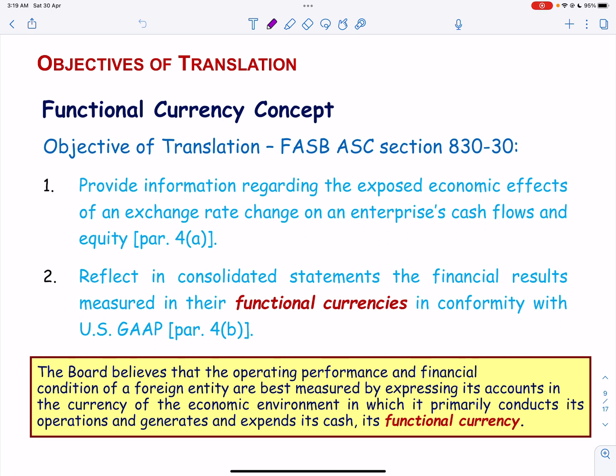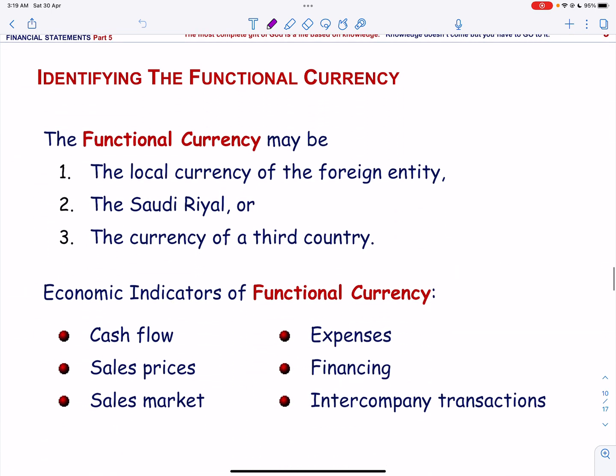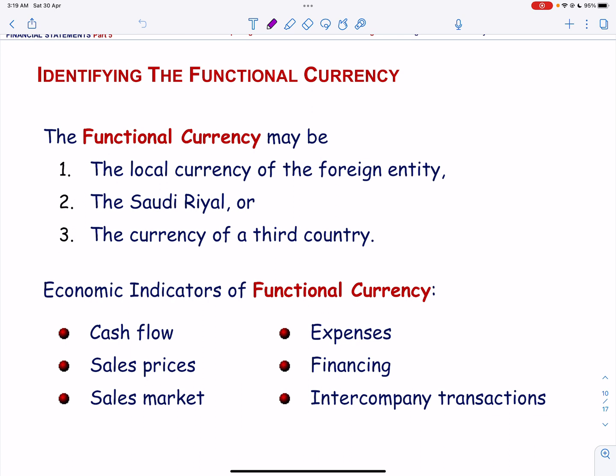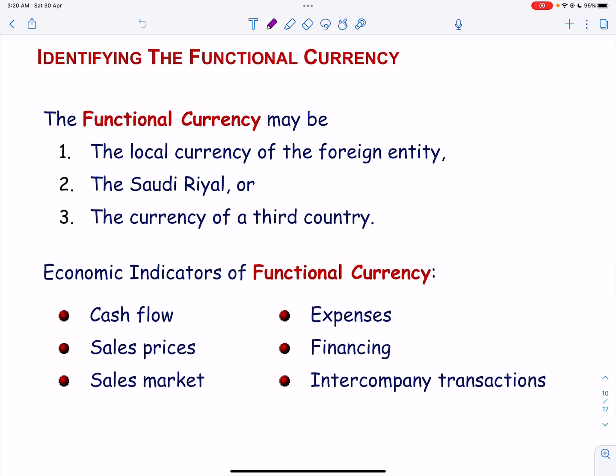A functional currency depends on many economic factors, and these economic indicators help to determine the functional currency, like cash flow, how the company prepares its cash flow statement, how the company makes payments to suppliers, how the company gets receivables, what the sales prices are, what the payment to employees is, expenses, what the cost of goods sold is, financing, intercompany transactions. All these economic indicators help to determine the functional currency.